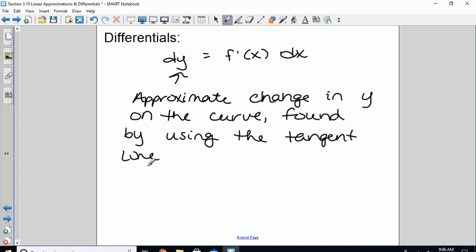It's like predicting the change in y. And we find it by using the change in y on the tangent line itself.